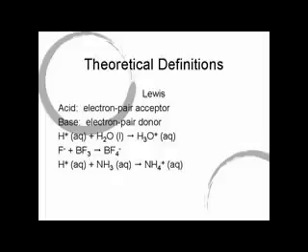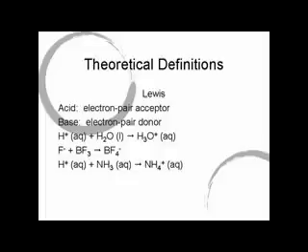Boron trifluoride is the electron pair acceptor. And the necessity of the Lewis acid-base definition here is because we have a reaction that doesn't involve hydrogen but is an acid-base reaction. So that's what that has to do with.